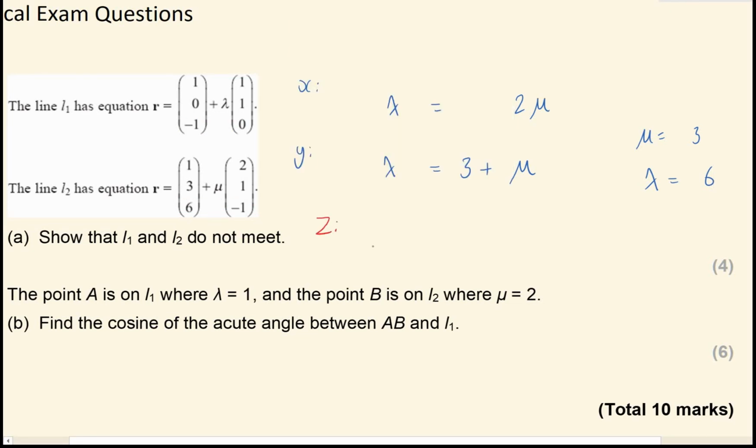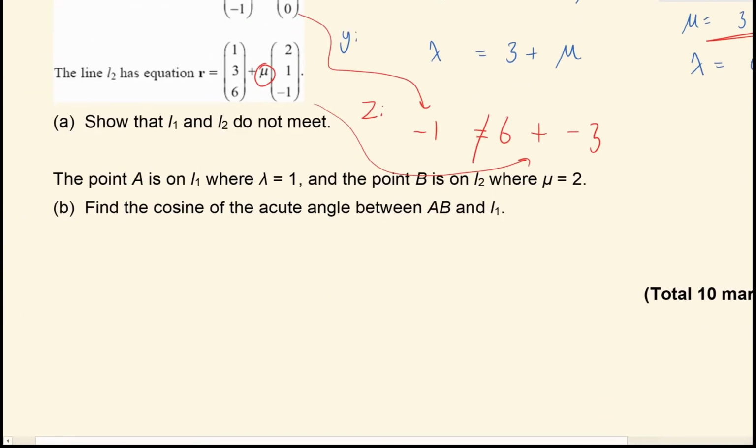So for z, we would say minus 1, which is the z coordinate, should equal the z coordinate from this, where we should do 6 plus minus 3, because here this mu equals 3. These 2 things do not equal each other, which therefore means the 2 lines do not meet.